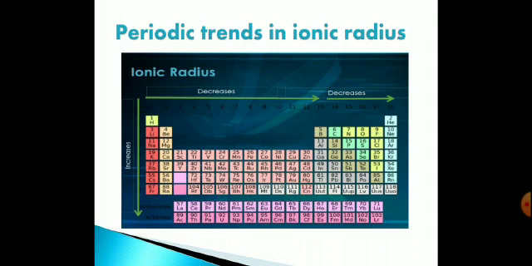But when we are moving from top to bottom, the electrons enter into a new shell. So that means the distance between the nucleus and the outermost shell increases from top to bottom. But across the period, the distance between the nucleus and the outermost shell decreases. So that is why ionic radius decreases across the period and increases top to bottom.